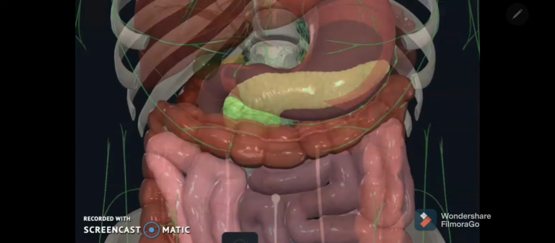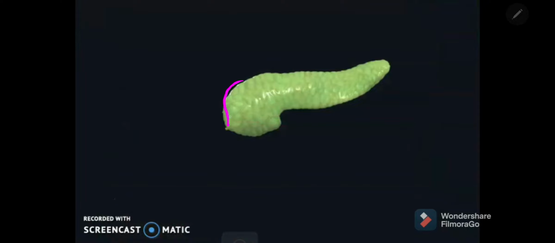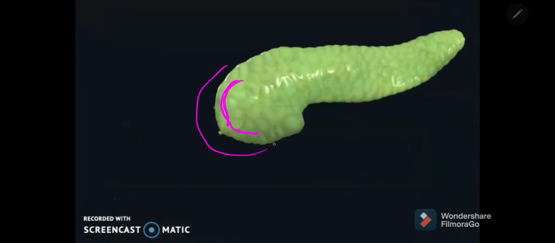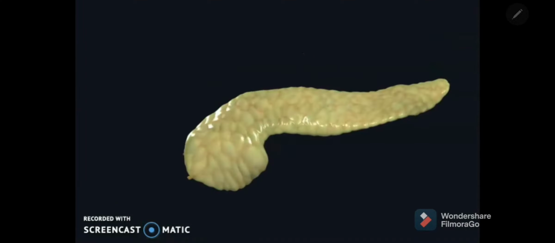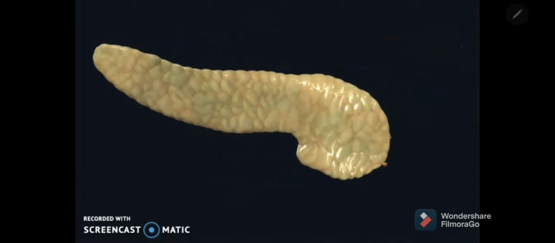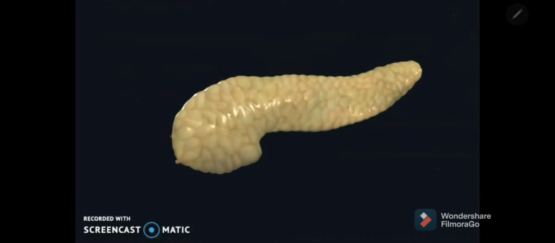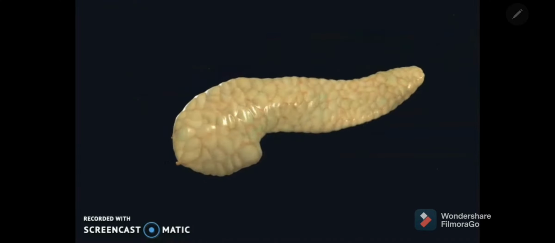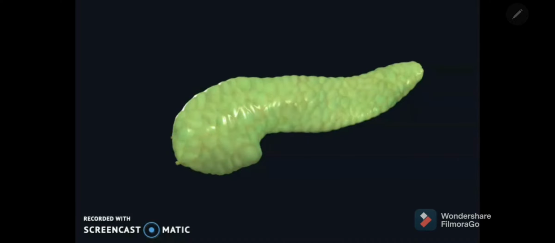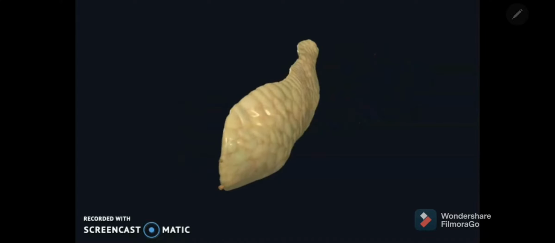You can notice here the C-shaped duodenum, and you can notice how it is directed upwards, backwards and towards the left. Neck and body are lying slightly anteriorly, and the head is directed posteriorly, lying on a more posterior plane.